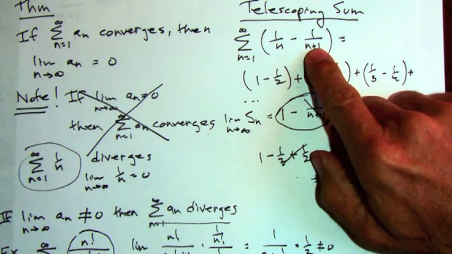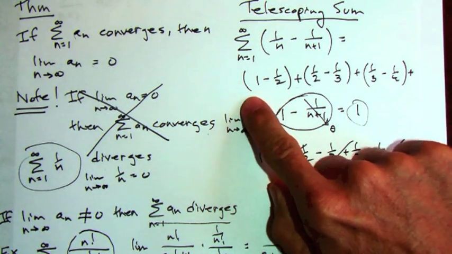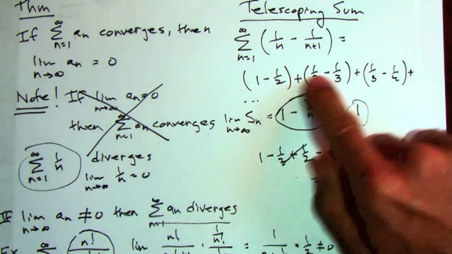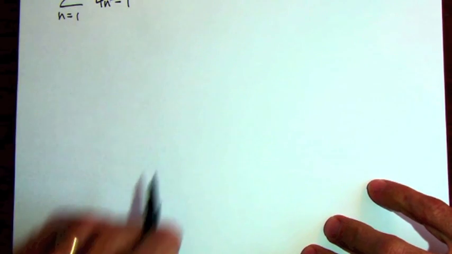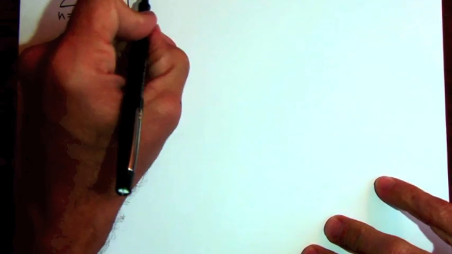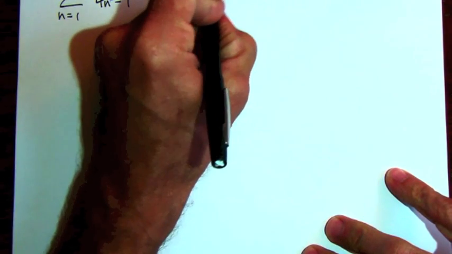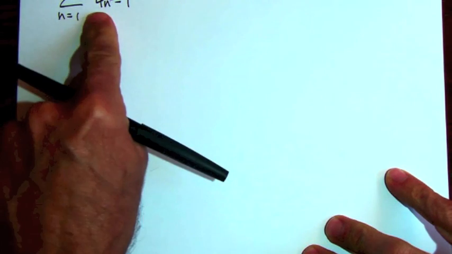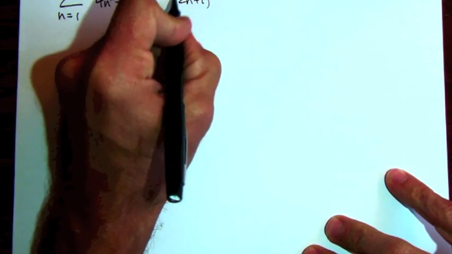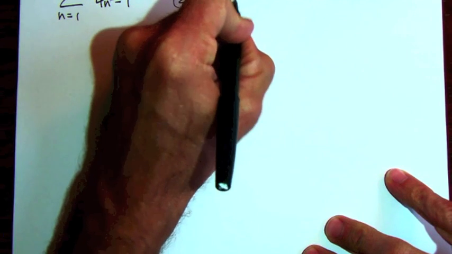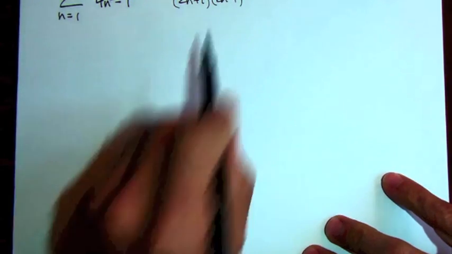So the sum is going to be a sum of differences, and then you get this cancellation. Here, it's not so obvious that that's what's going on until we factor the denominator. This is a difference of squares, so I can rewrite that as 2n plus 1 times 2n minus 1. So now I have these two factors.